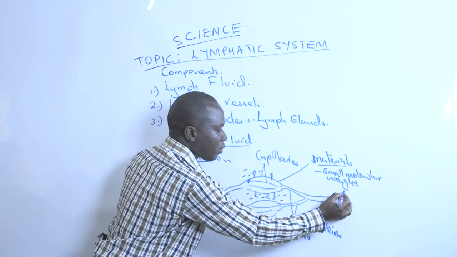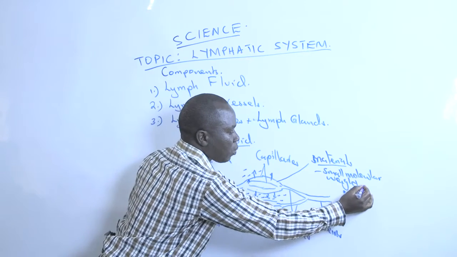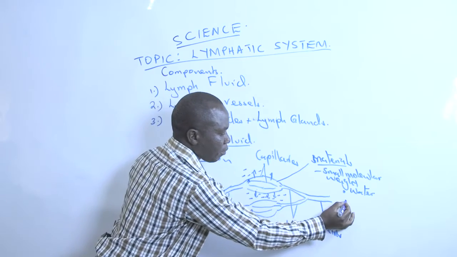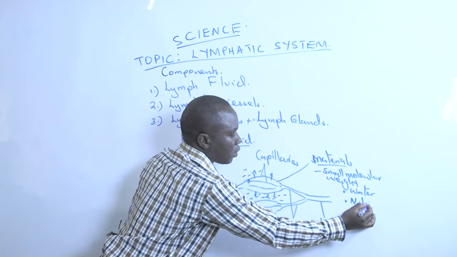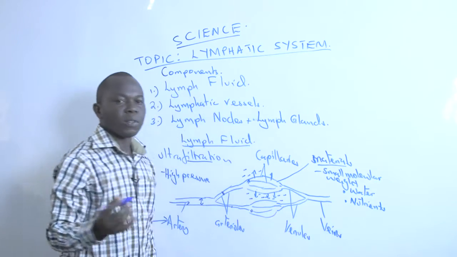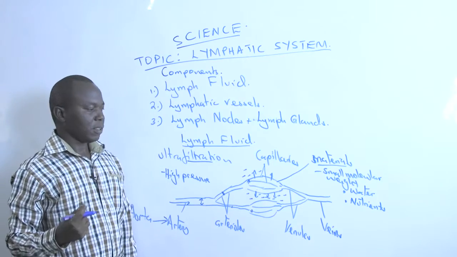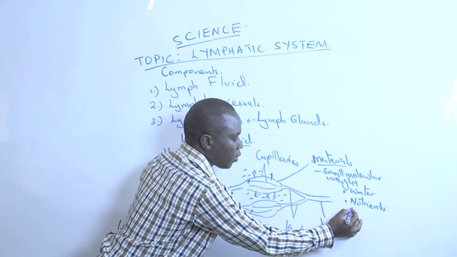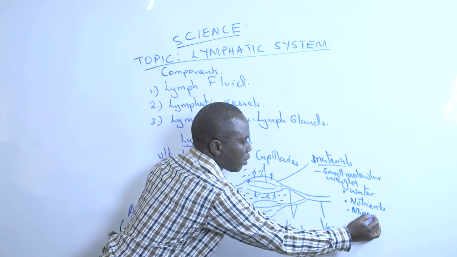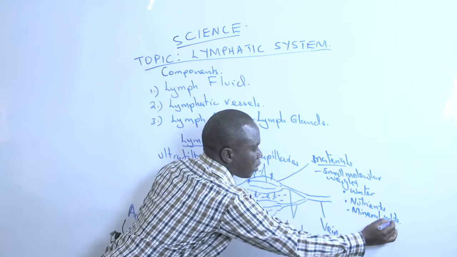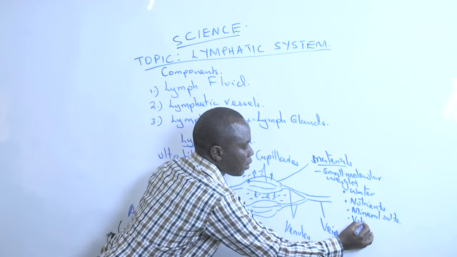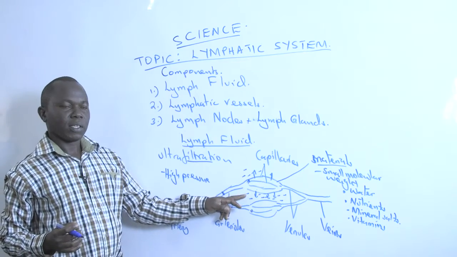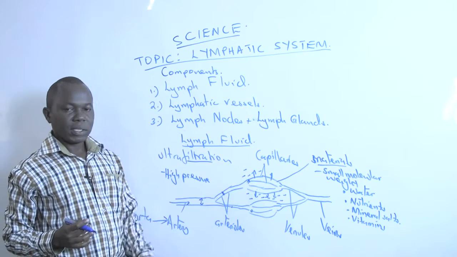So some of the materials that we expect here include water. Nutrients. We have talked about nutrients like glucose, amino acids, fatty acids and glycerol, mineral salts, and vitamins, which will be part of the materials that will be filtered into this space.